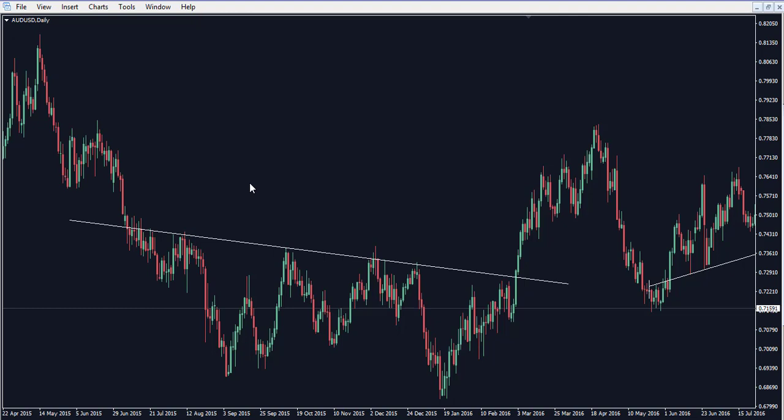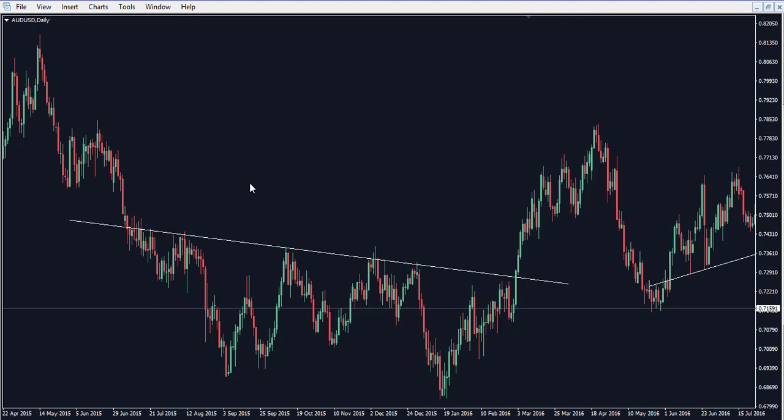So I've talked about trend. Trend is the current direction the market or currency pair or whatever, forex, stock or anything like that. A trend is the current direction of the market at which it's going or at which it's moving.